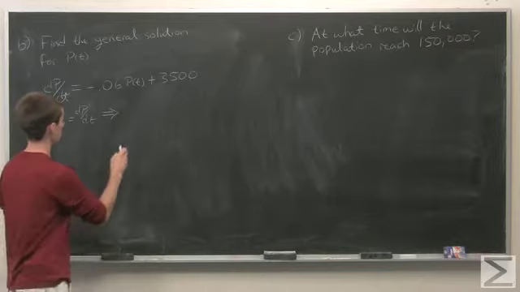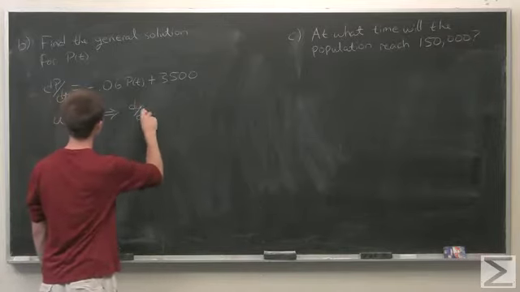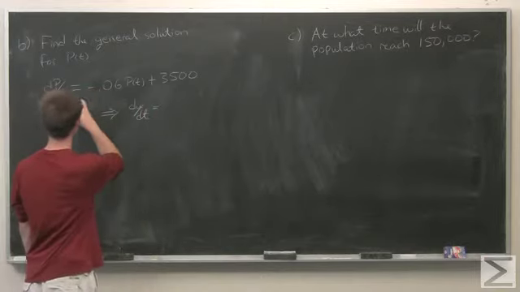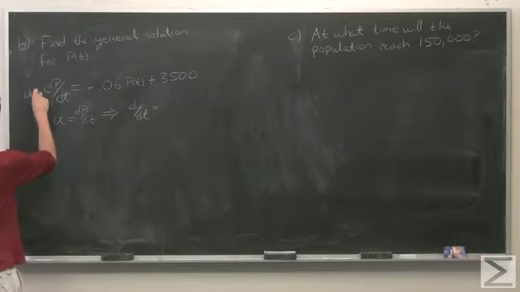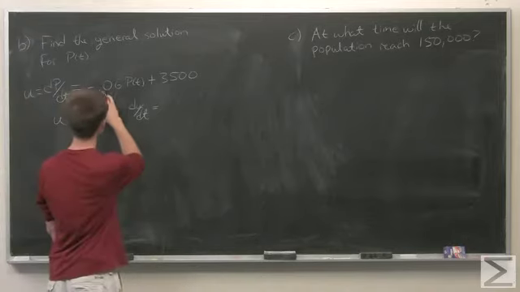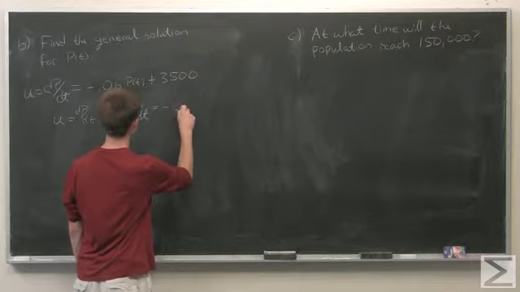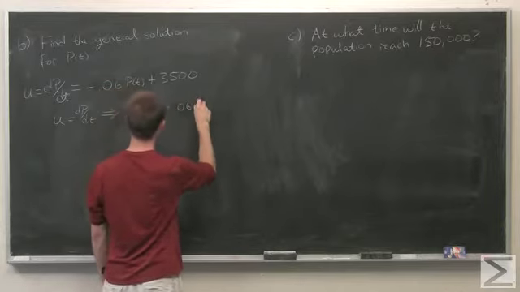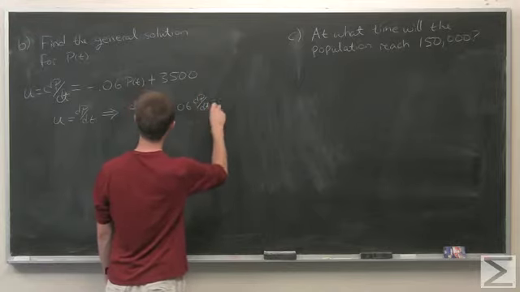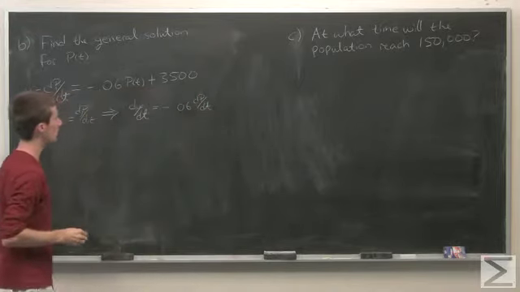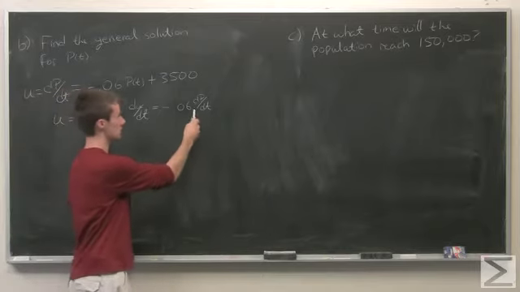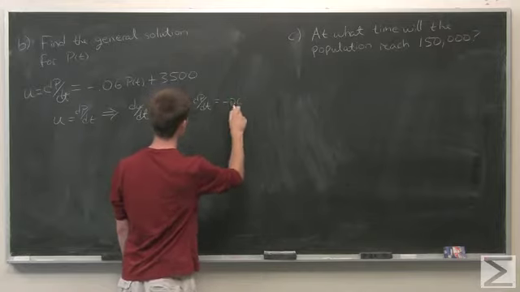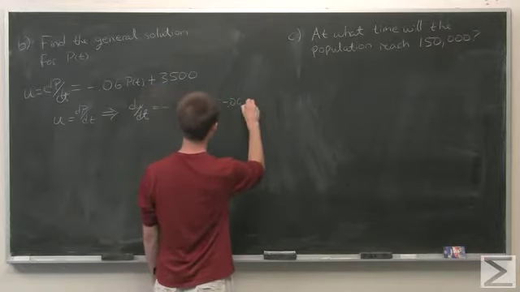Now, that means that du/dt is equal to, well, u is equal here to dP/dt. So du/dt is just going to be equal to negative 0.06 dP/dt, and the constant term goes to 0. But since u is just equal to dP/dt, this is going to be equal to negative 0.06 u.